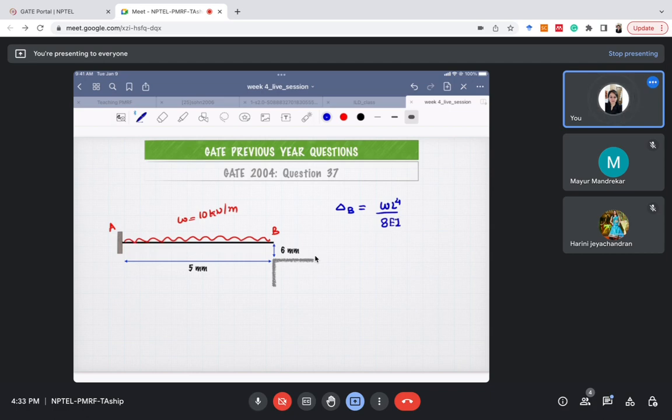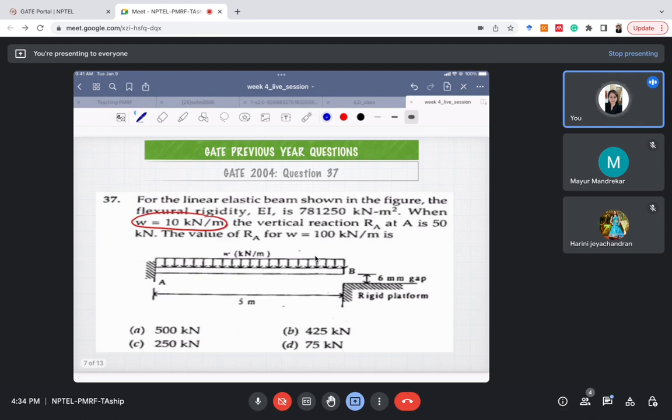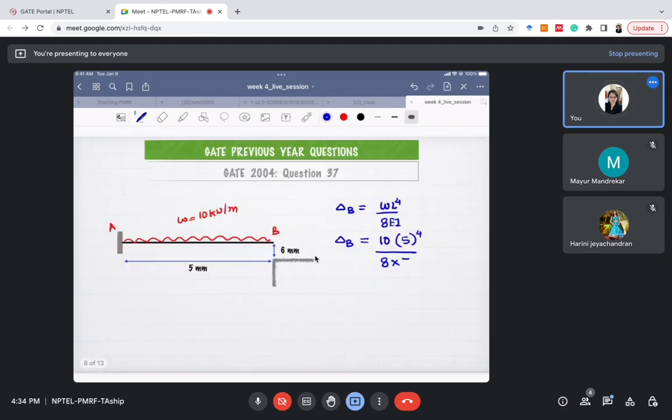W is 10, and length is 5 meter, so WL^4 divided by 8 EI. The value of EI is given to us, which is 781250.